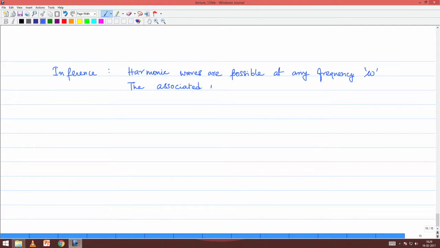So, the associated wave number of this harmonic wave is k, where k to the power 4 is m omega square by EI.